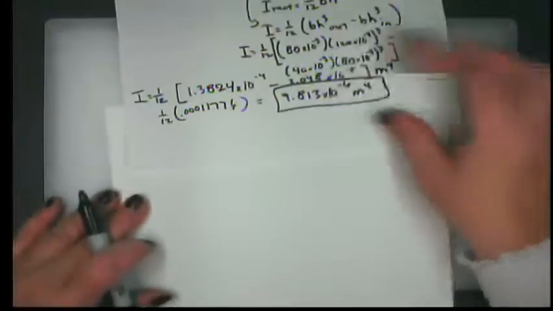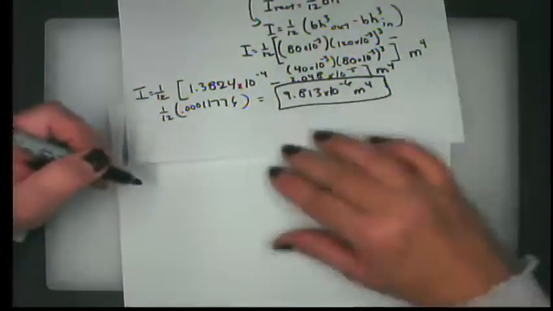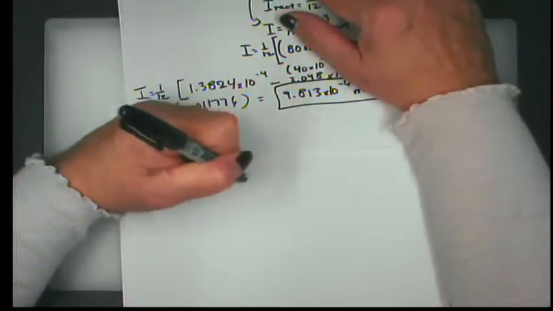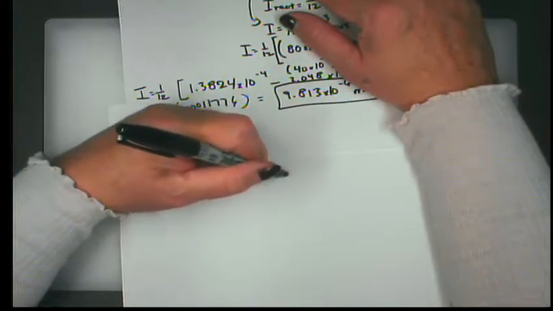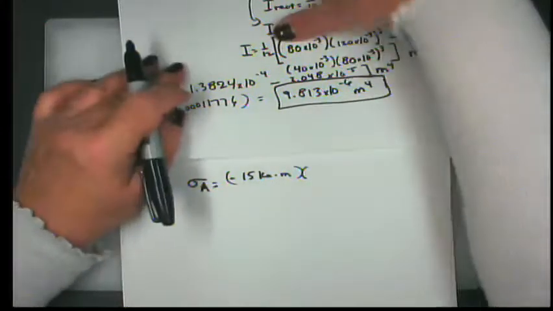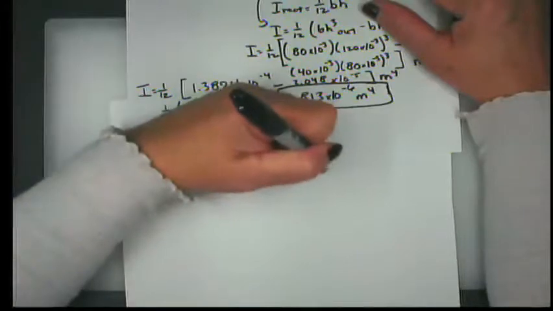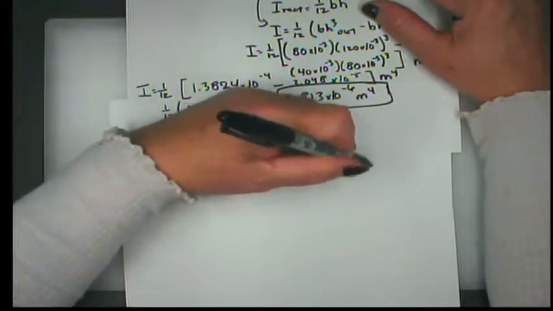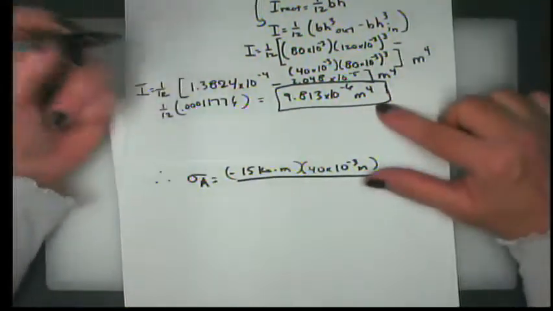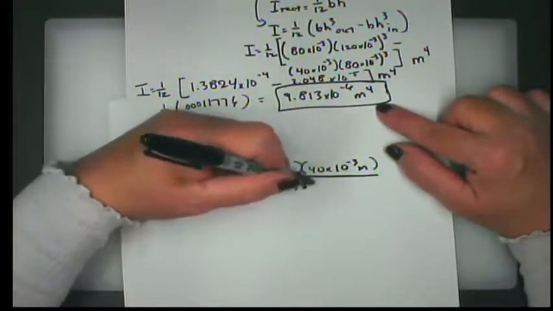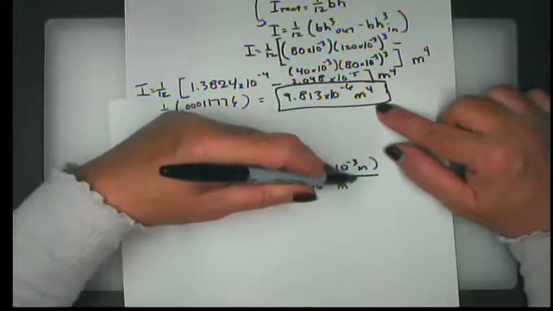So continuing on, my sigma at point A is equal to negative 15 kilonewton meters times my y, which is, I am above the neutral axis, so it's positive, 40 times 10 to the minus 3 meters, divided by my moment of inertia, which is 9.813 times 10 to the negative 6 meters to the fourth.